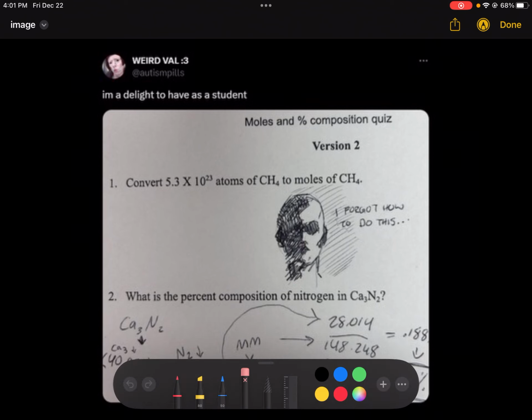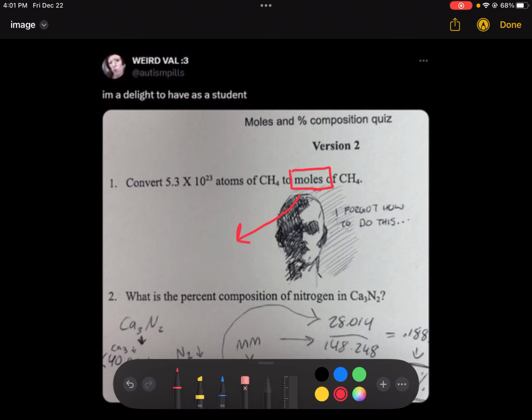So a few of the key components here that we're going to talk about real quick before we hop in is this word right here, moles. So a mole is just a unit of the amount of a substance.